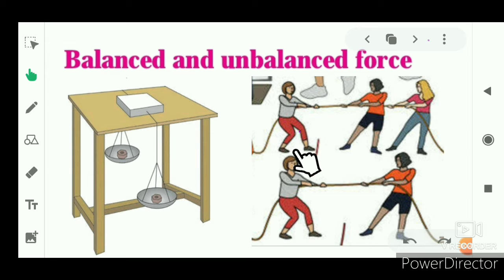However, if the force on one side is greater than on the other side, both pulling the rope, then the rope will move towards that direction. So this is an example of unbalanced force, because the force in one direction is greater and it results in motion of the object.